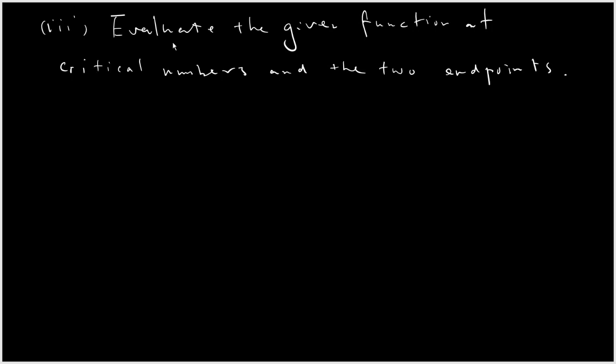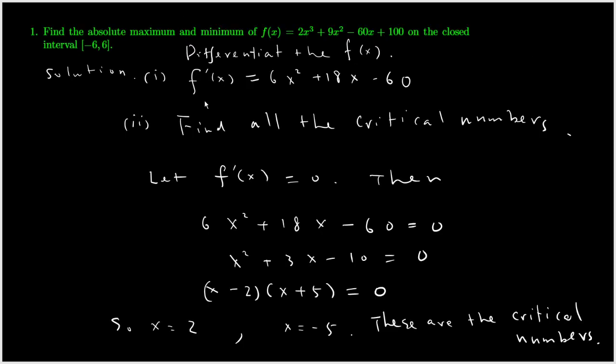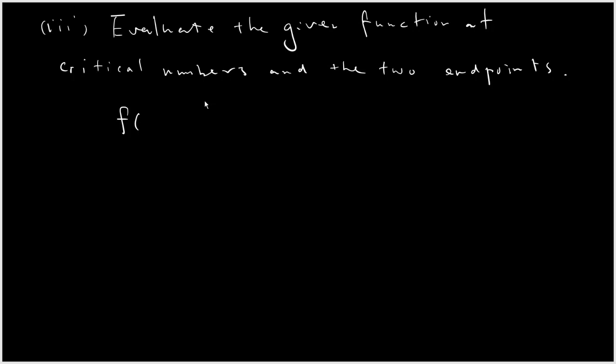So do that first. Evaluate the function at 2 and -5, and the two endpoints, -6 and 6.